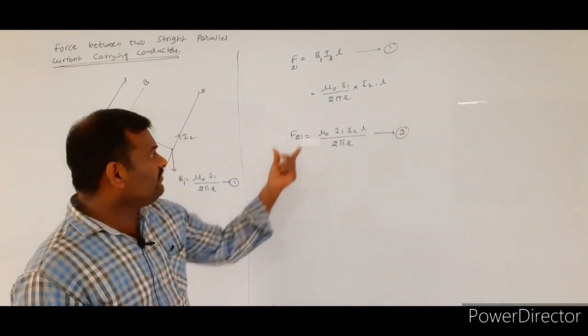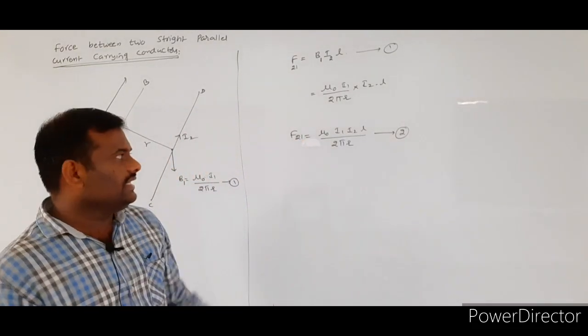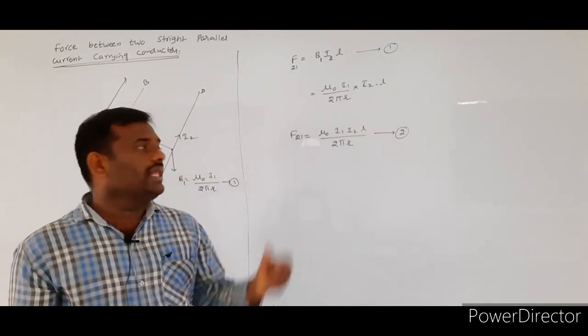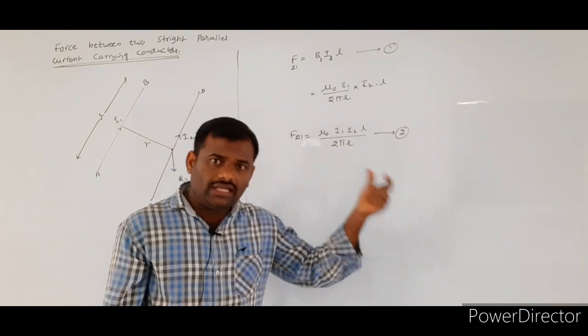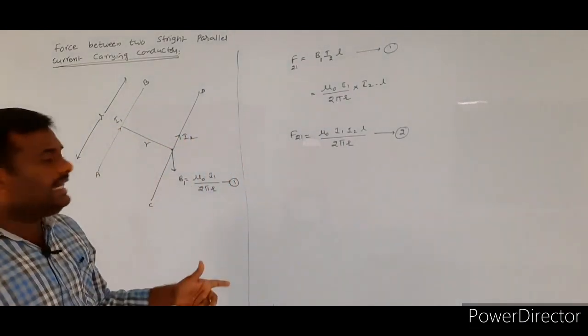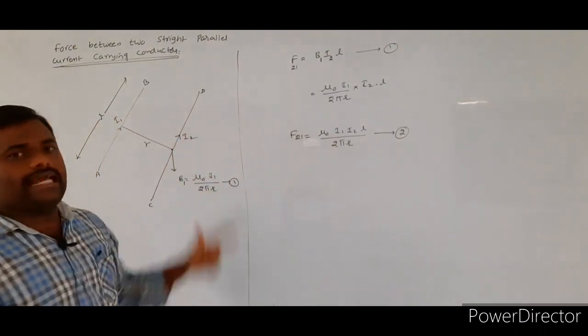Now, force is a vector quantity. Force is a what? Vector quantity. So if the force is a vector quantity, in which direction will it be acting? So we have to find the direction of the force acting on the second current carrying conductor.